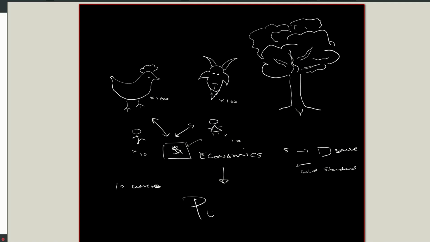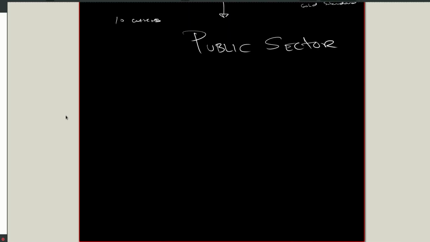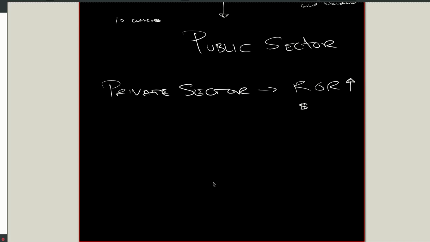Because this video is on public sector, right? When it comes to what we've looked at prior to this, or when it comes to private sector, right? Private sector, what do we care about? Right? What's our goal? Our goal is to increase our rate of return, right? Our goal is essentially to make money. And as mentioned, we make money so that we can do other things with that, including making more money.